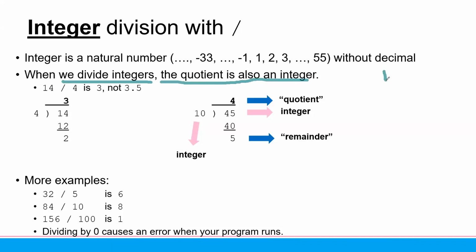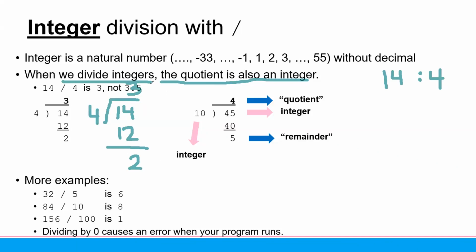I want to divide 14 by 4. You can see here 14 divided by 4. So I have 3, and then 3 multiplied by 4 is 12. So there are 2 as the remaining.